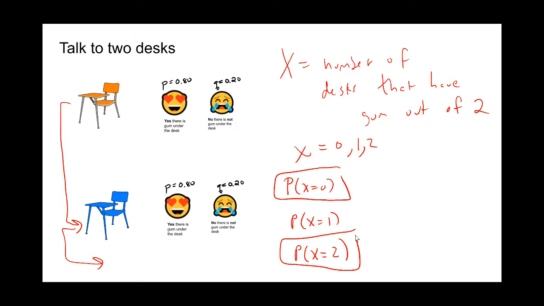Now imagine the orange desk had gum, but the blue desk didn't. Or the orange desk didn't and the blue did. That's with probability x equals 1.